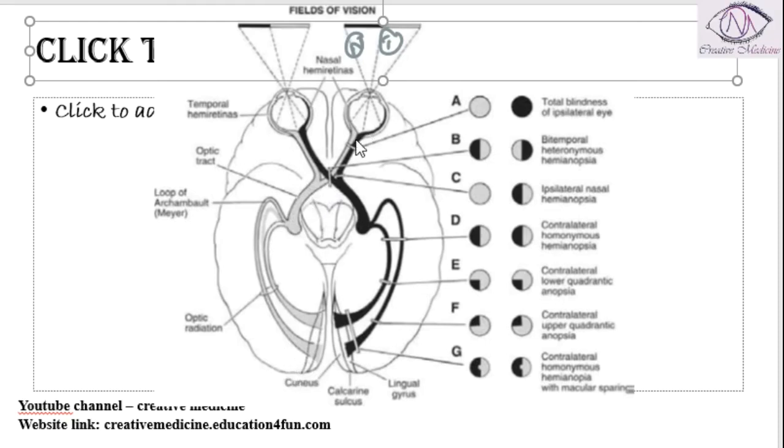Now if there is a lesion in the optic nerve, that means this whole eye cannot see, so total blindness of the ipsilateral eye is seen.